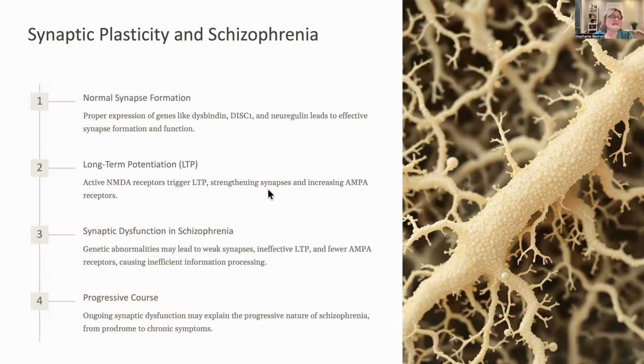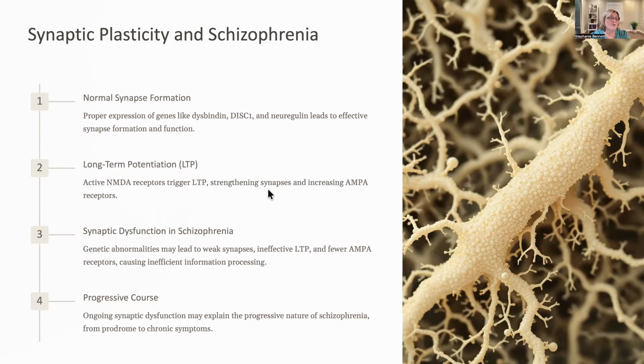Another thing they look at is synaptic plasticity in schizophrenia. Proper expression of some of these genes leads to our synapses forming and functioning appropriately. Active NMDA receptors do trigger long-term potentiation, which strengthens the synapses and increases the AMPA receptors.